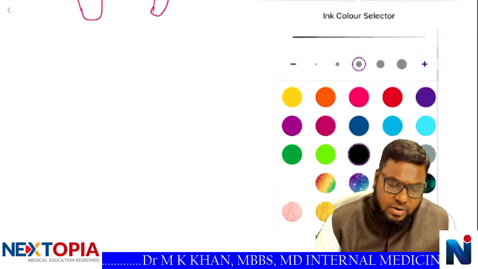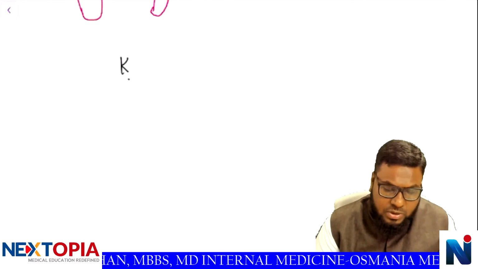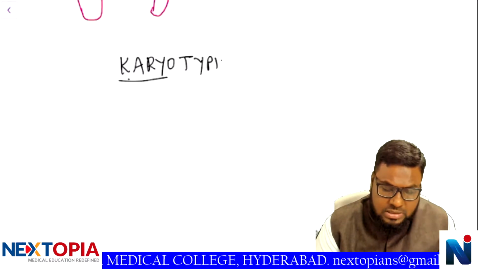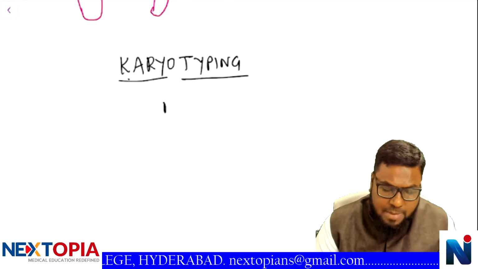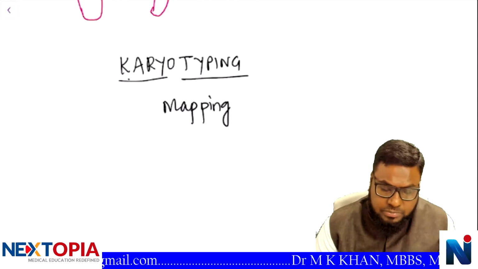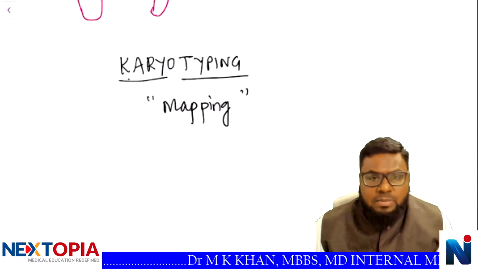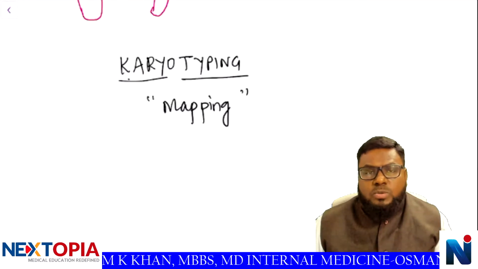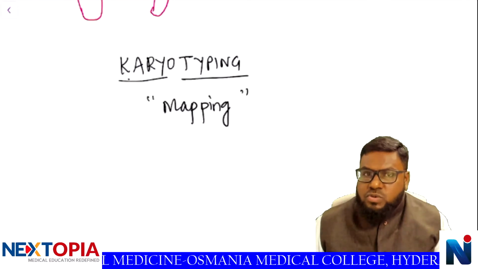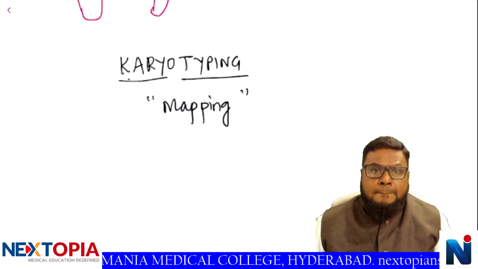If I do your karyotyping, I'll come to know whether your chromosomes are normal or not. Karyo means chromosome, typing means mapping. This can be done on a clinical basis. If you suspect a chromosomal disorder in a patient, you can send the patient's blood sample for karyotyping.